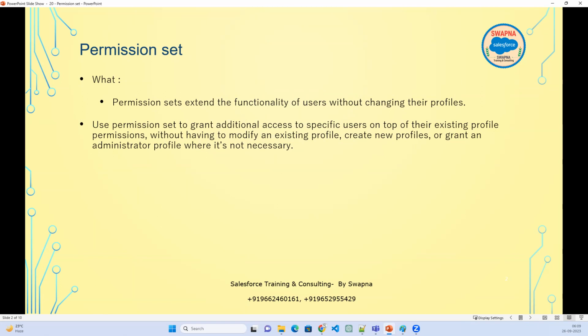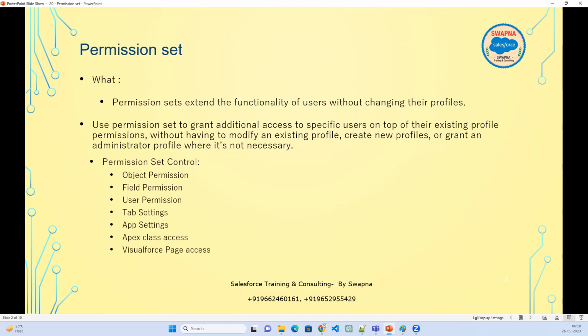To create a permission set, let's see what we can control in it. Here we have object permission, field permission, user permission, tab setting, app setting, Apex classes, and Visualforce pages.